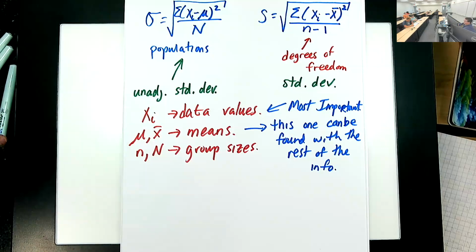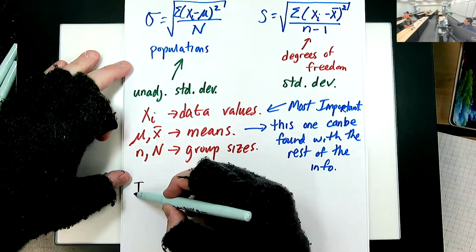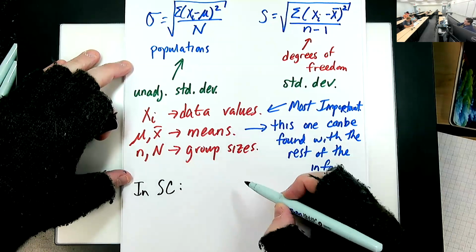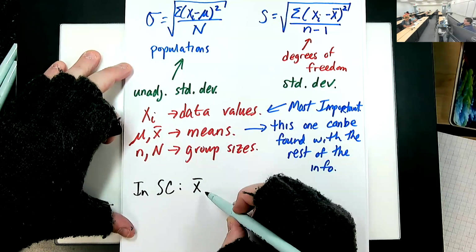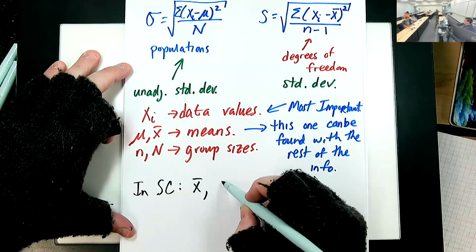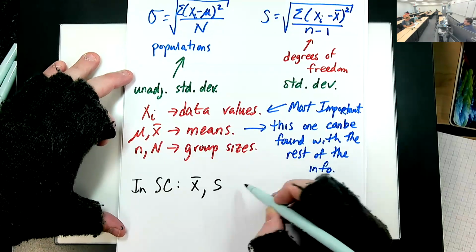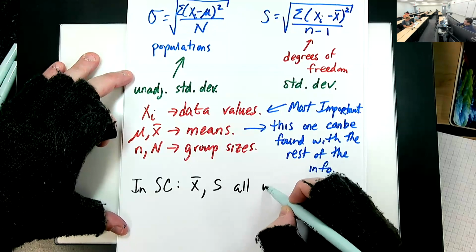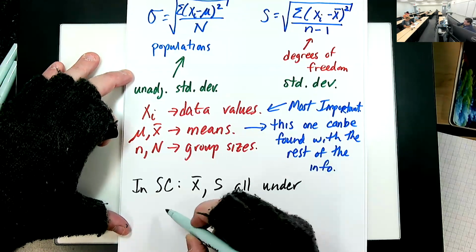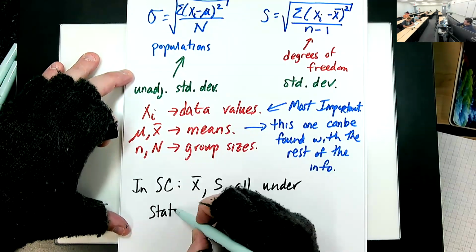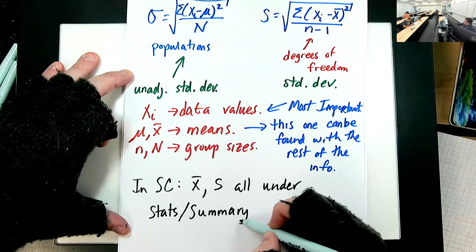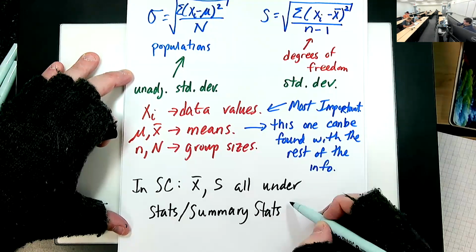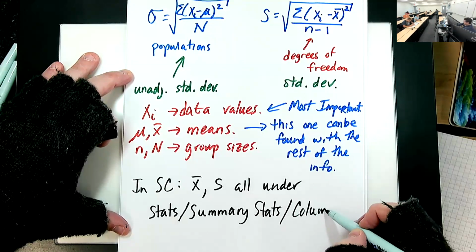In StatCrunch, we can see the mean and standard deviation all under Stats, Summary Stats, Columns.